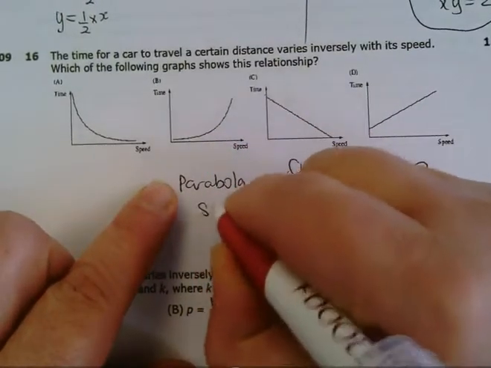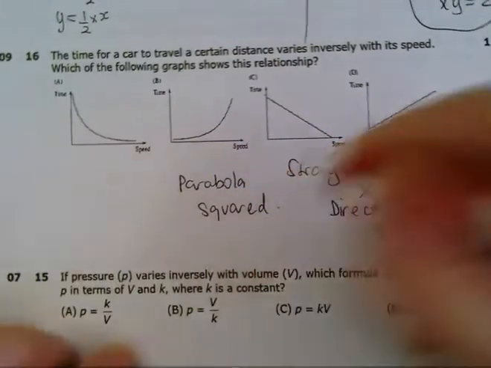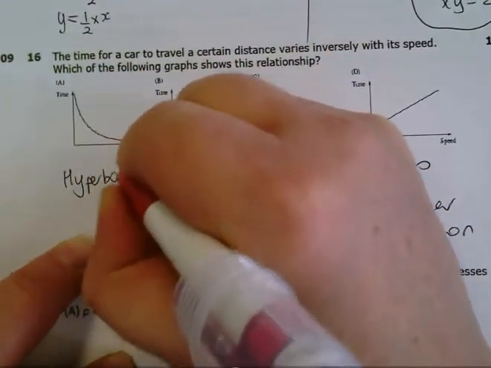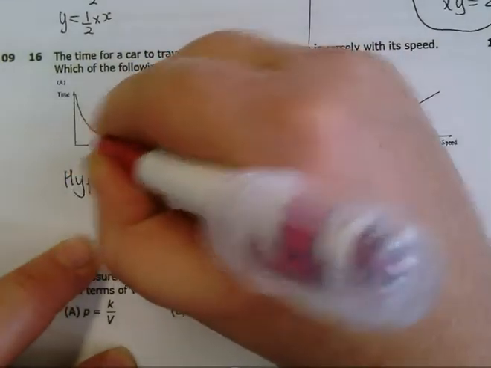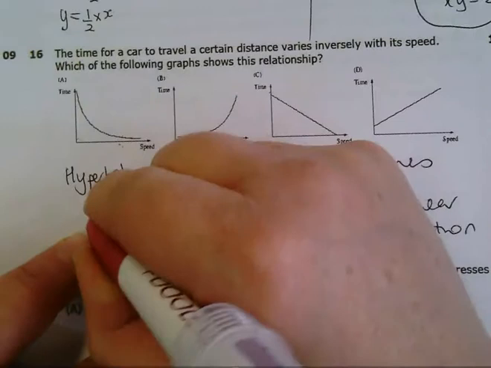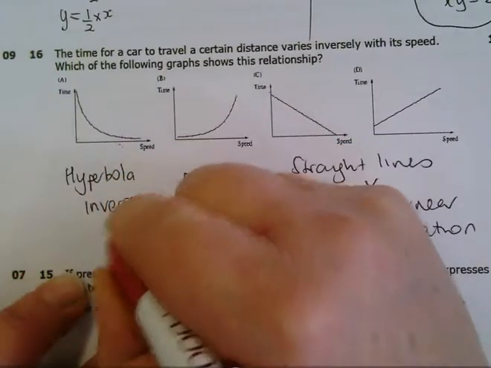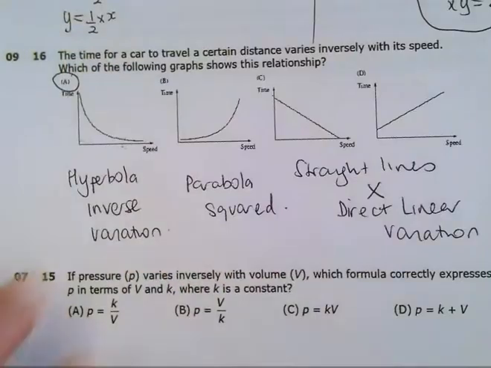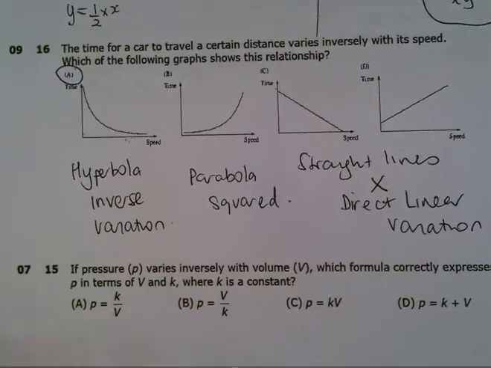That's like x squared. This is your hyperbola shape. As the x gets bigger, or as the speed gets bigger, the time gets smaller. So this is your inverse variation. Remember, your inverse variation is a hyperbola.